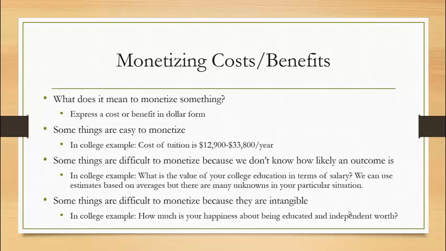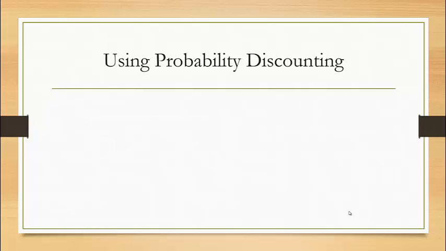And how would you assess that, right? These are really intangible things. They're very important to you, but it's not like you can just go out and easily say, well, this is the value of that thing, right? And so monetization is far trickier than we think it is. And the assumption is that we're monetizing all costs and all benefits, no matter what. Okay, so keep that in mind as we move forward.